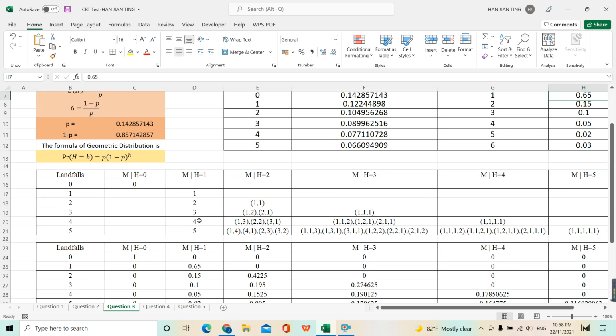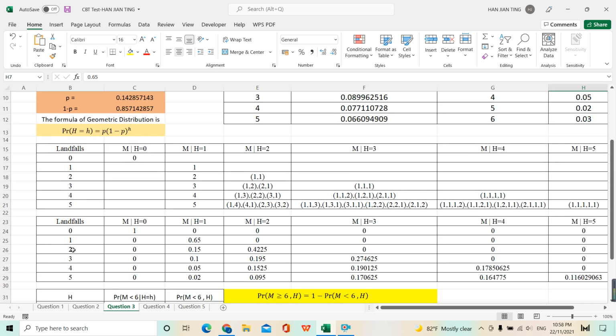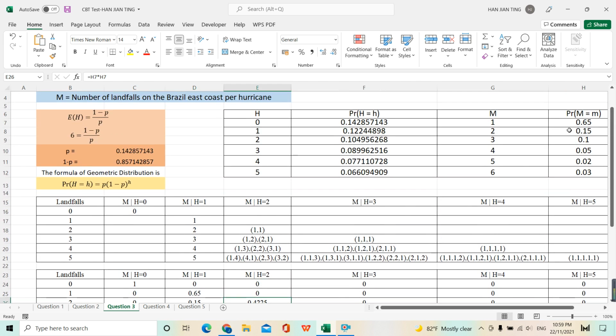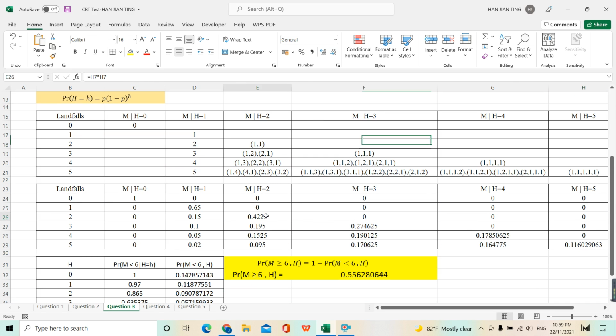Same for when the landfall equals 2, 3, 4, and 5. For two hurricanes, here they are m equal to 1 and m equal to 1, right? So we just substitute the probability of m equal to 1 times itself. Then for the landfall of 4, there are 3 situations.